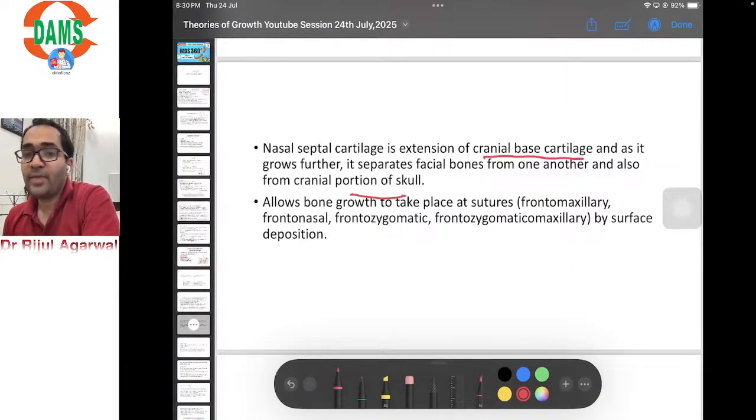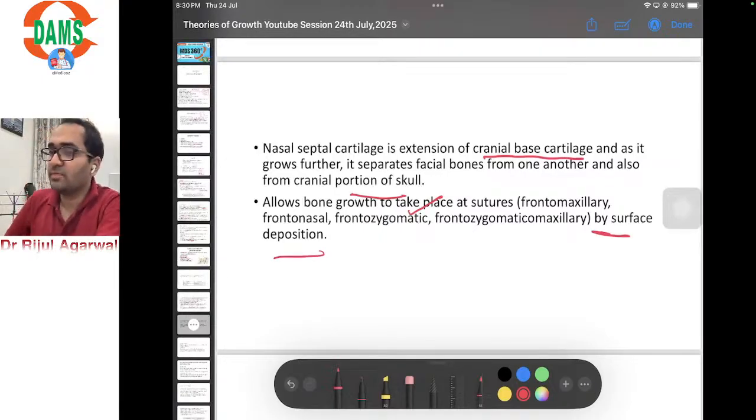Okay, and at the same time, how is the growth taking place in the cranial vault region? In the cranial vault, the growth takes place at the region of the sutures by surface deposition.